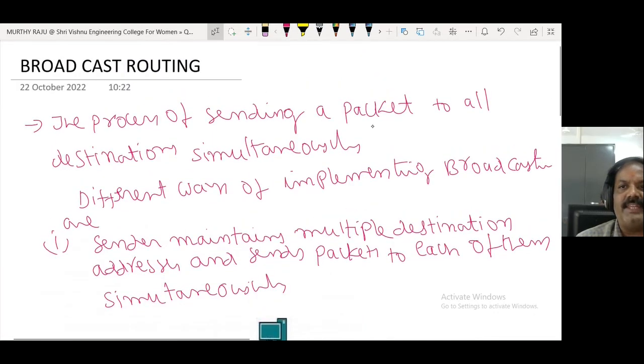The process of sending a packet to all destinations simultaneously is called broadcast routing. All destinations, it is very important.